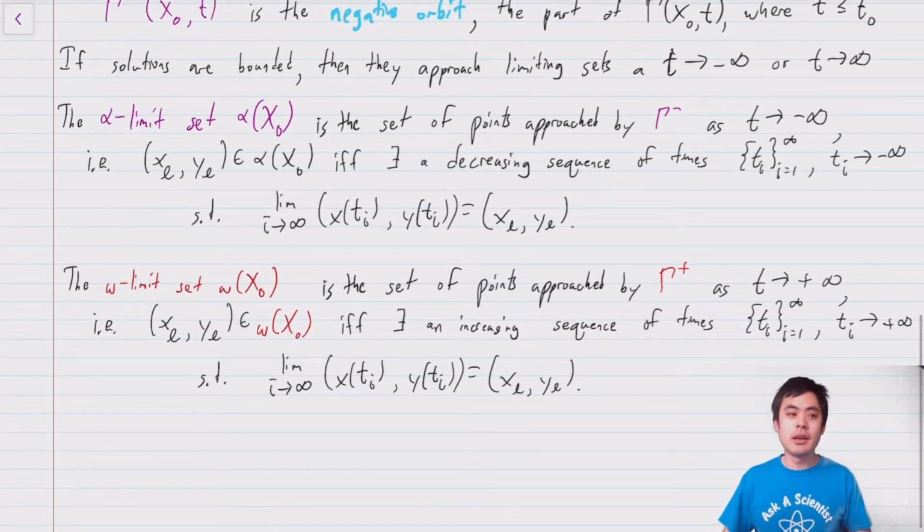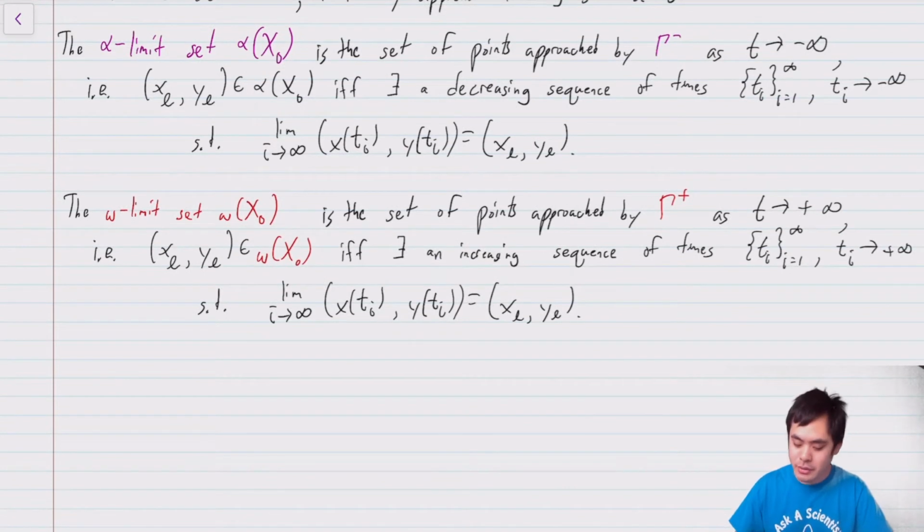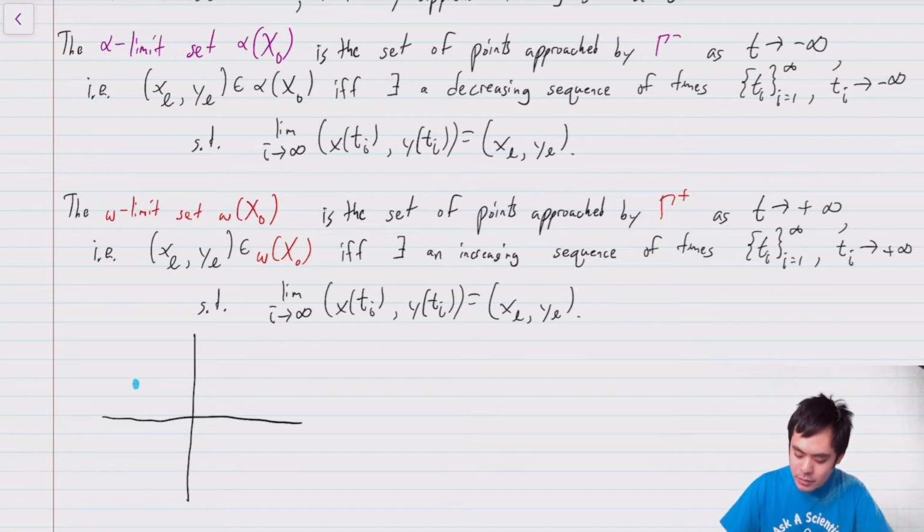So basically, you have these two different directions that you're going, one in the positive direction and the other in the negative direction. So if we draw this out, assume that we again had our point x naught. Maybe in the negative direction it approaches an equilibrium point.